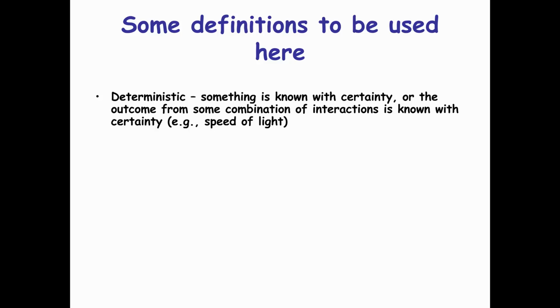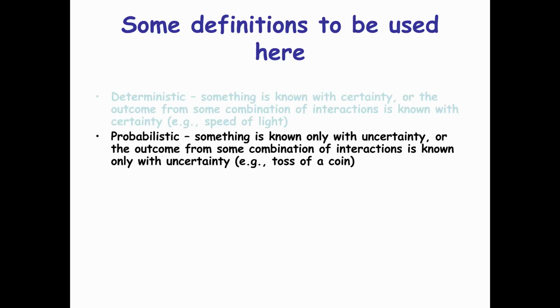So there's deterministic, and for that it's something that is known with certainty, or the outcome from some combination of interactions is known with certainty. So you have some equations, the inputs are known into the equations, the parameters in the equations are all known, the output from that known input and known equations will give you an answer. There's no uncertainty about the answer, so it's considered to be deterministic.